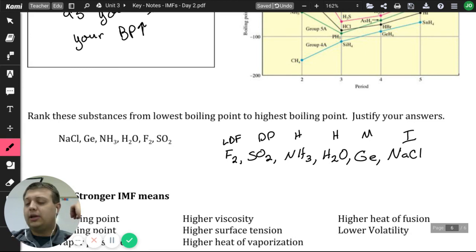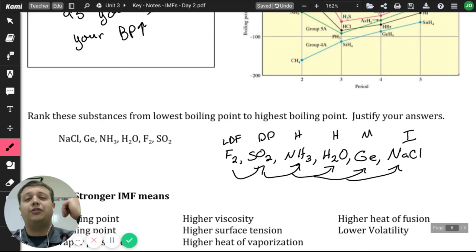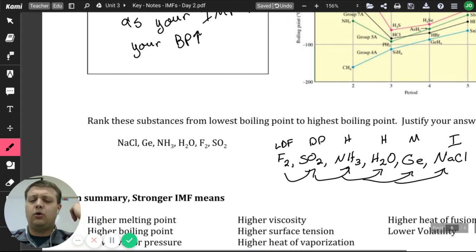All right. And so looking at this, we know that we're going from LDF to dipole-dipole, then to hydrogen bonding, and then to the other hydrogen bonding, and then to metallic, and then to ionic. Now, for those two hydrogen bonding substances, you did need to take into account their molar masses. The ammonia has a mass of 17.03, and the water has a mass of 18.02. Okay, and how did I know about these?